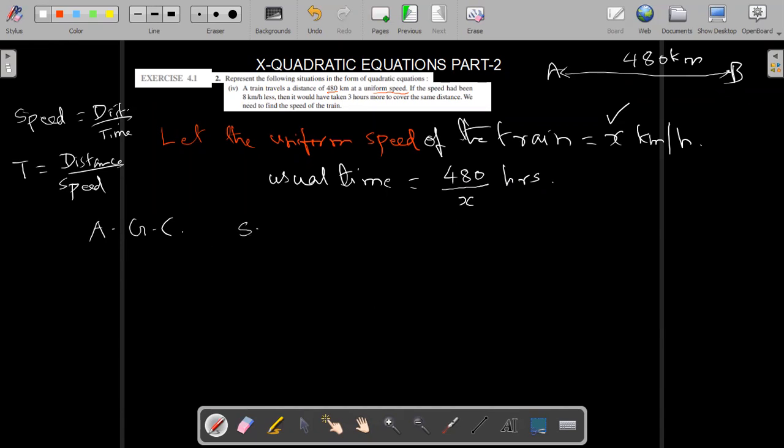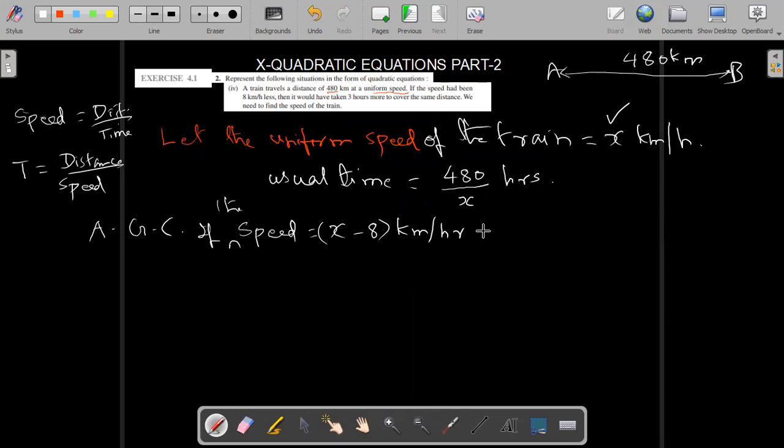That means the speed becomes x minus 8 kilometers per hour, and it will take 3 hours more. So how much time it will take, we don't know. We have to find the time.